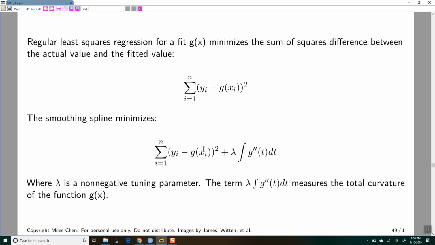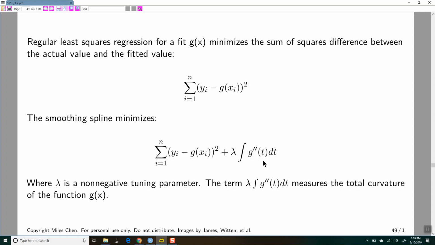So now we're going to say minimize the RSS, but penalize large second derivatives, okay? You integrate the second derivative, so it's like the cumulative sum of the second derivative. Large second derivatives mean there's high curvature in the function, right?